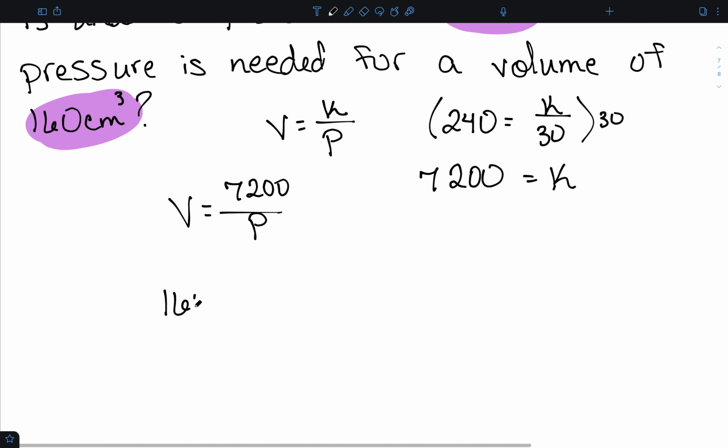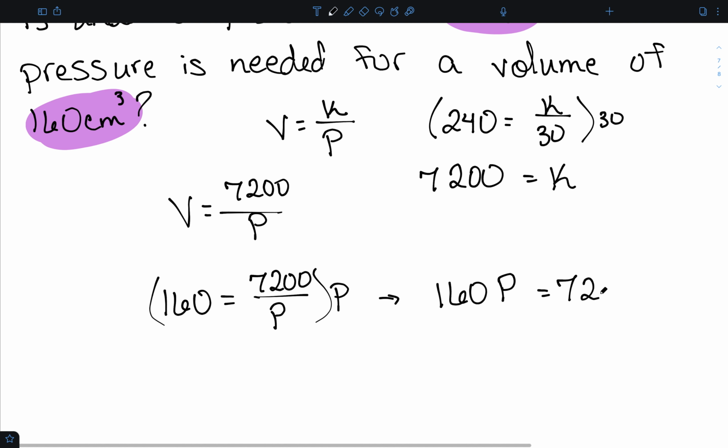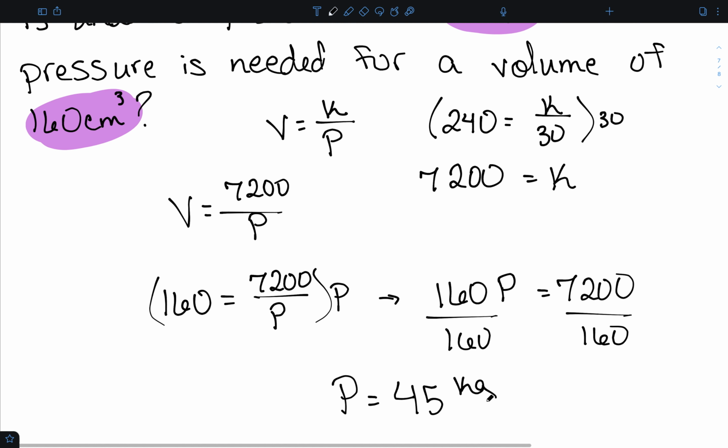So I know what I want my volume to be, and I need to find the pressure. I can multiply both sides of this equation by P. That would give me 160P is equal to 7,200. Dividing both sides by 160 gives me a pressure of 45 kilograms per cubic centimeter.